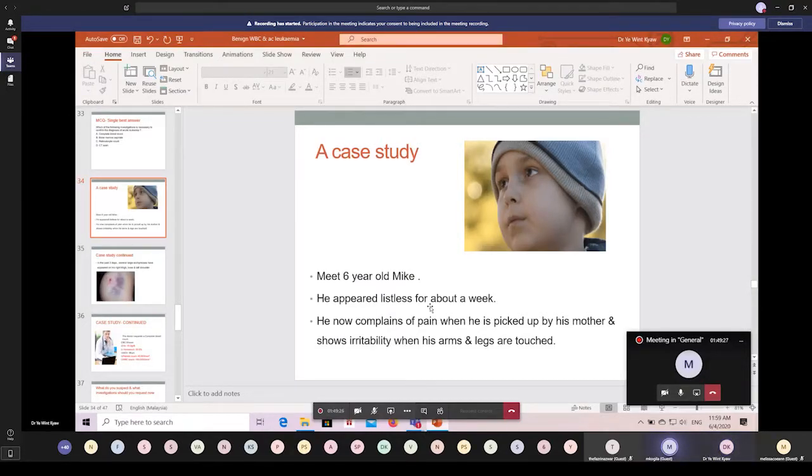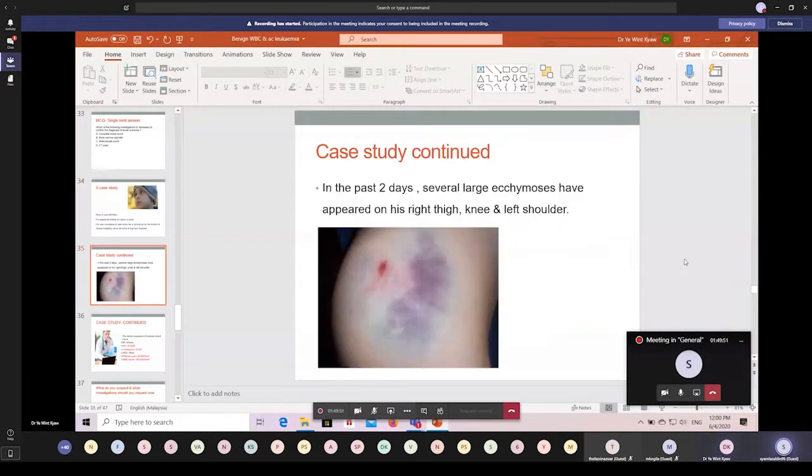The child feels pain when the mother touches his arms and legs. The child is complaining of pain, right? Yeah, bone pain. So Melissa, what is the key feature?